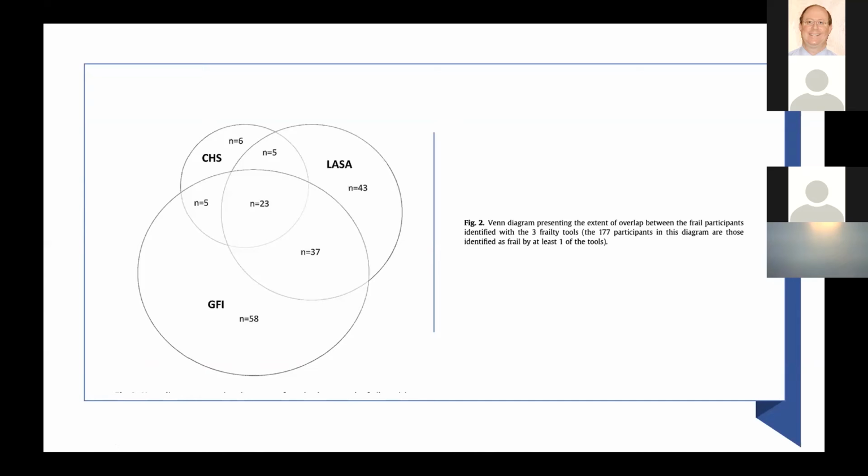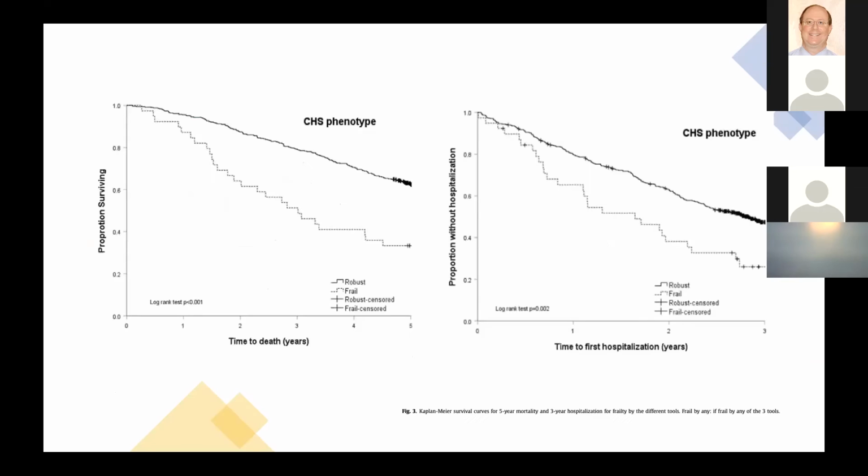The GFI looks at 15 different components. 9 items cover self-reported limitations in physical domains, 1 item covers cognitive domains, 2 items cover the psychological domain, and 3 cover the social domain. So there's a huge amount of variability between those 3 tools, and it doesn't surprise me that there's so little overlap between them.